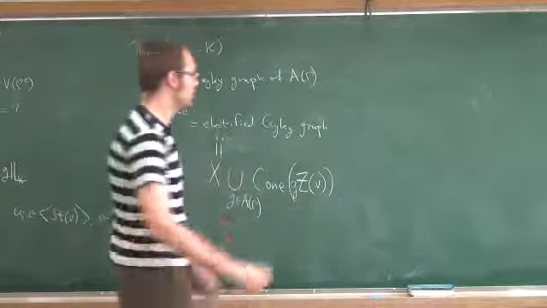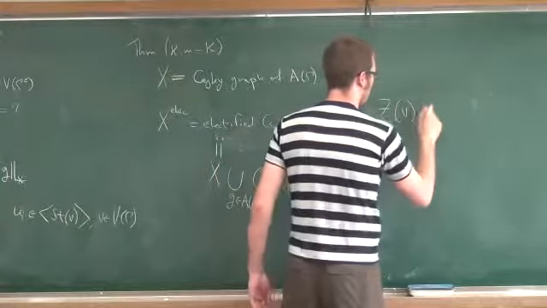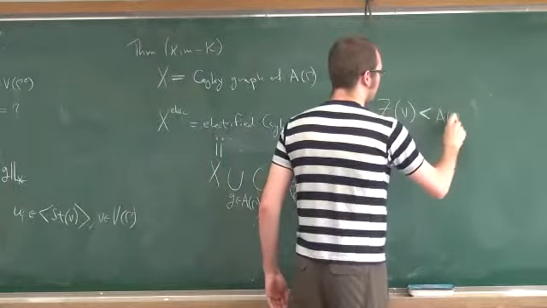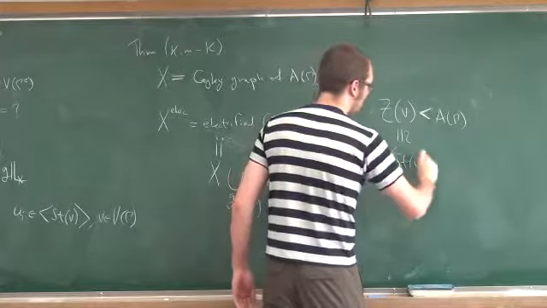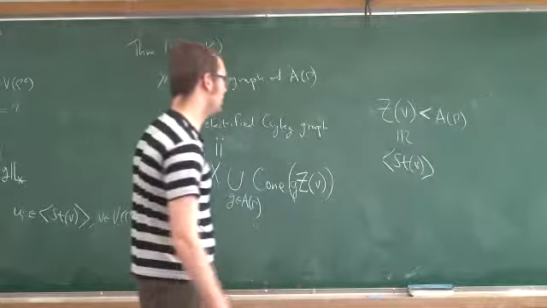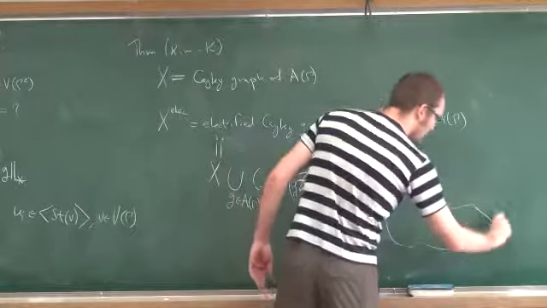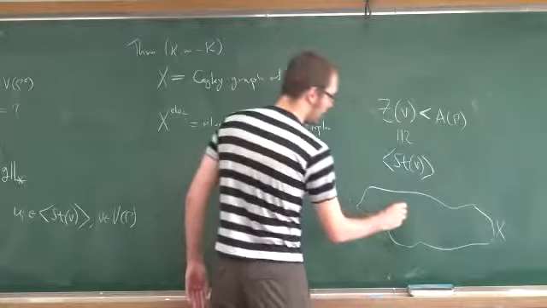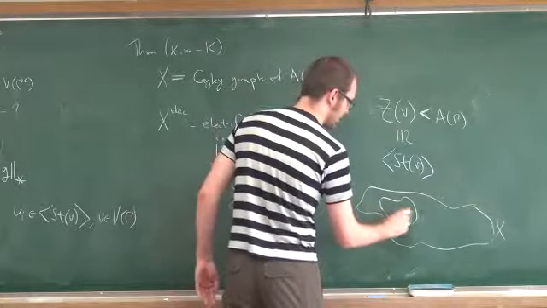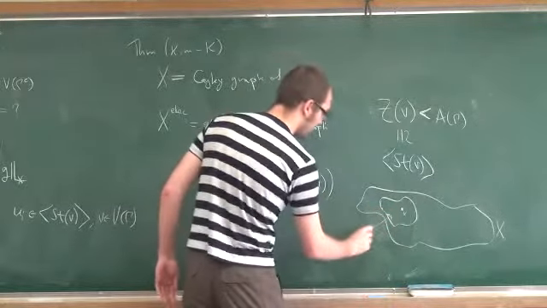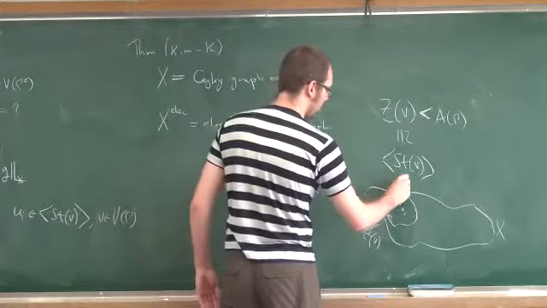So the centralizer of a vertex V is a subgroup of the right-angled Artin group, and it's precisely spanned by the star of V. And so what I'm doing is I have the Cayley graph X, and then I'm taking a vertex V and I look at its centralizer inside of the right-angled Artin group. And then I attach a cone point.